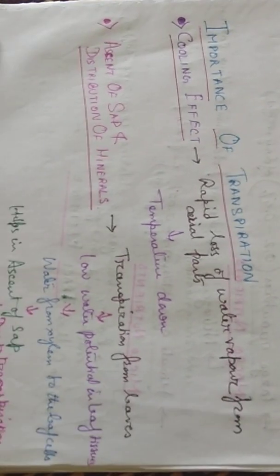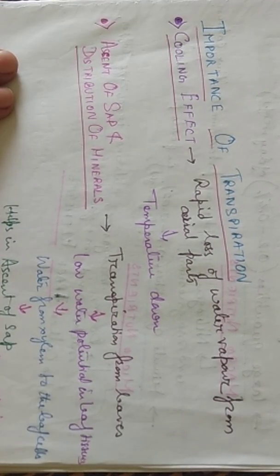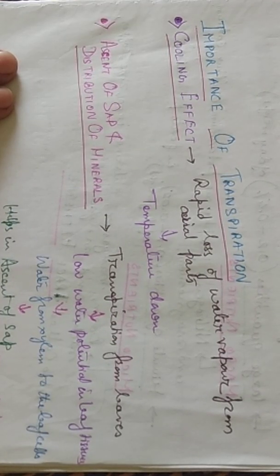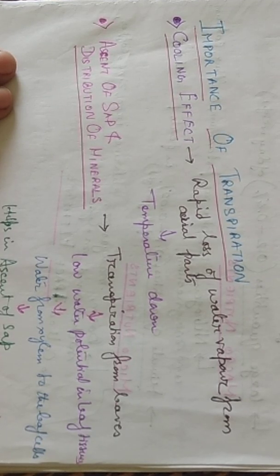Then the ascent of sap. When there is transpiration from the leaves, there is a low water potential in the leaf tissues. The concentration of water in the leaves comes down, and that helps the ascent of sap.